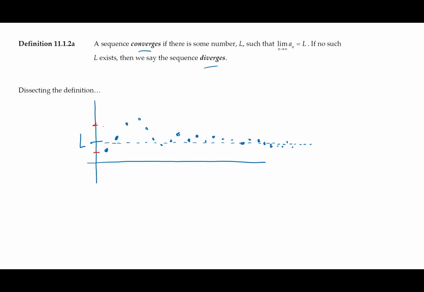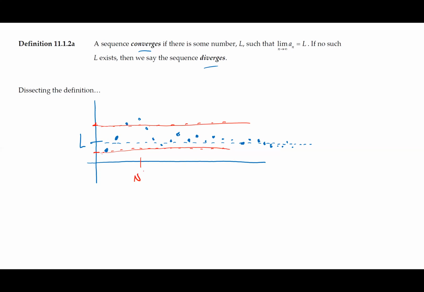And so what happens is I've created a band around L. And notice that after a certain point, in this case, it looks like after this one, all of the values of my sequence lie inside this band.